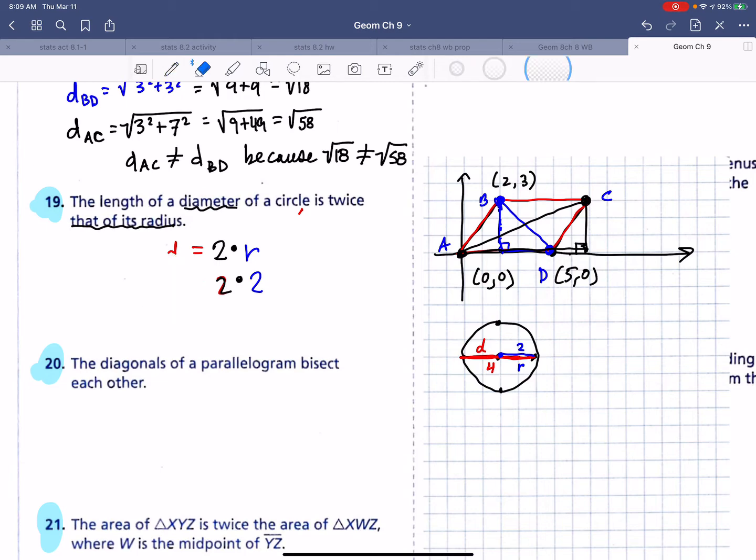I'm trying to be cool and color coordinated, and it's not working. Okay. My diameter of 4 is equal to 2 times my radius.